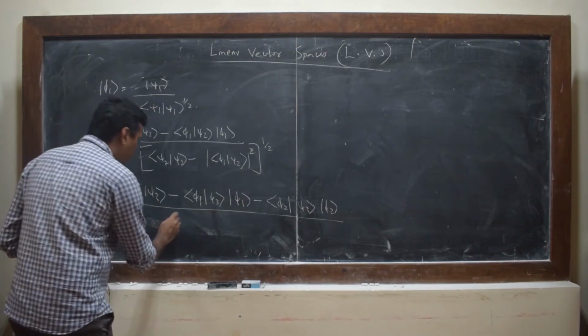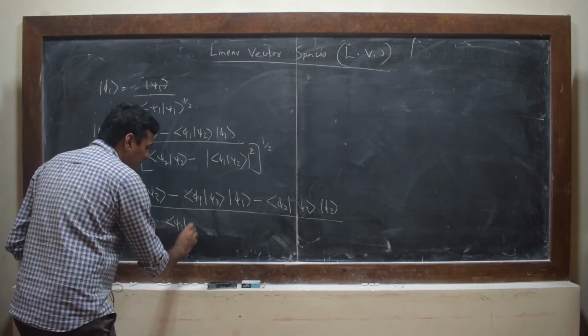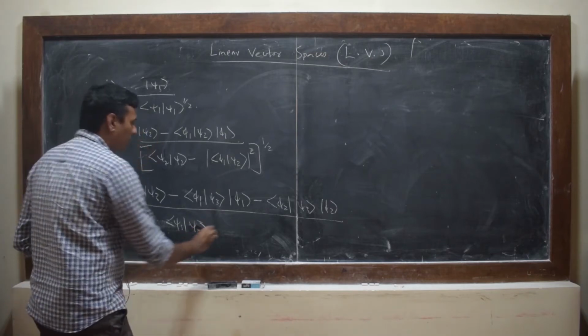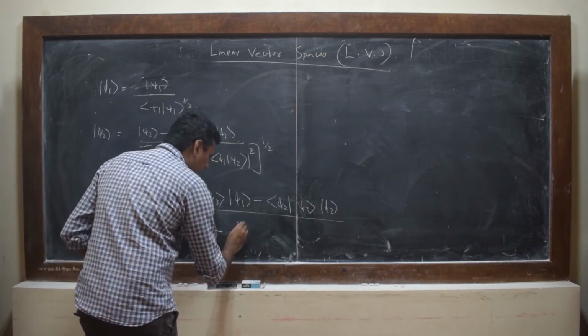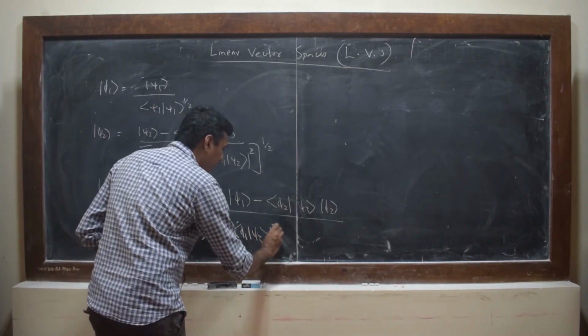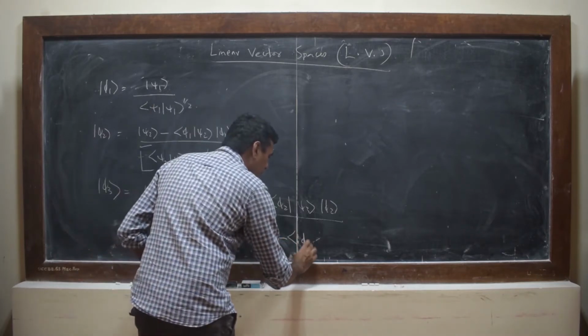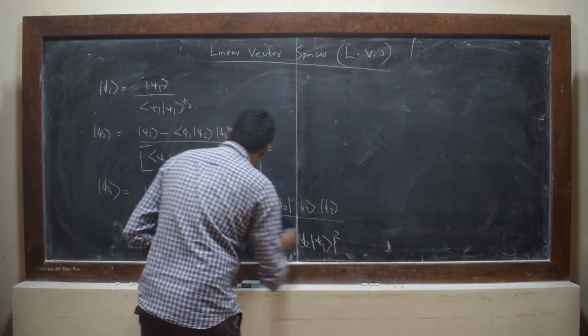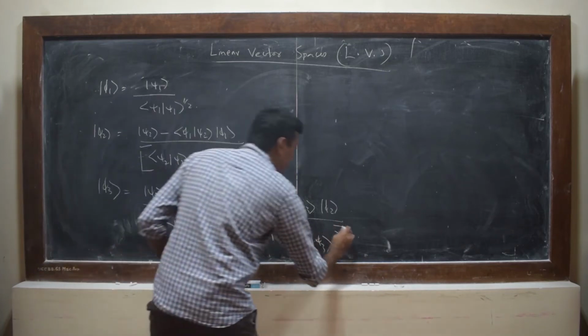You can check yourself, that is going to be psi 3 minus |⟨phi 1|psi 3⟩|² minus |⟨phi 2|psi 3⟩|² all raised to half.